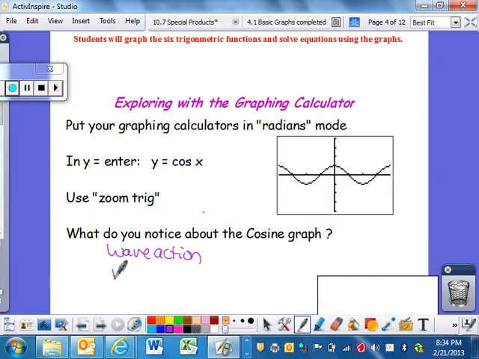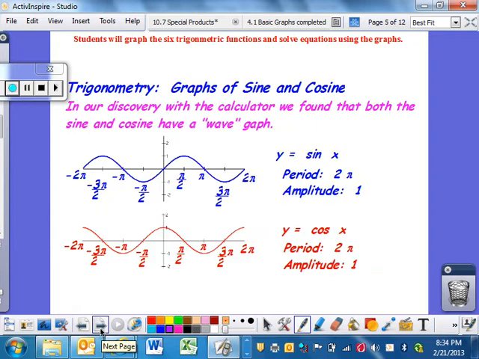Its range is still between -1 and 1, except it doesn't start at the same spot. Instead of starting at 0 like the sine does and going like this, cosine starts at 1 above. We'll talk about the significance of what the word cosine actually means, but here are the two graphs.